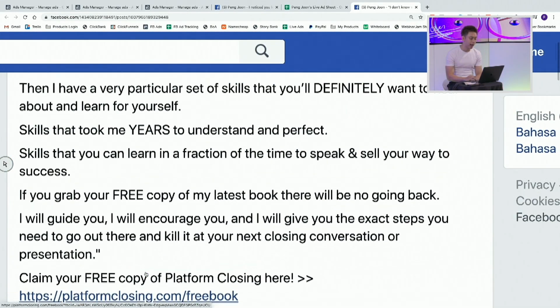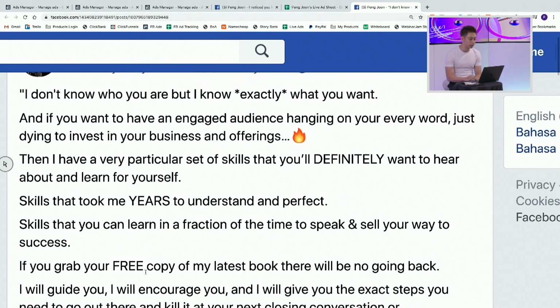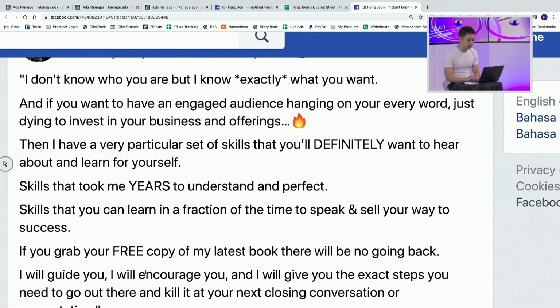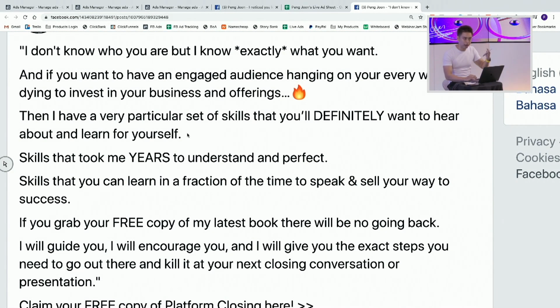So notice that I am incorporating these different elements that I'm showing you so far, right? Calling them out on their behavior, but also taking all 4 things that I've mentioned before this and merging it together. So acknowledging them on the previous step, introducing them to the next one, having some sort of urgency and scarcity to it, but most importantly, getting them to take action.